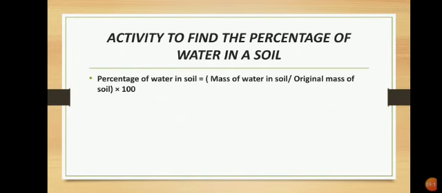If you put that value in this formula, the mass of water in soil is 30, divided by the original mass, which is 200 grams, multiplied by 100. After calculating, you will find that it comes to 15. So 15% is the percentage of water which was present in that 200 grams of soil.